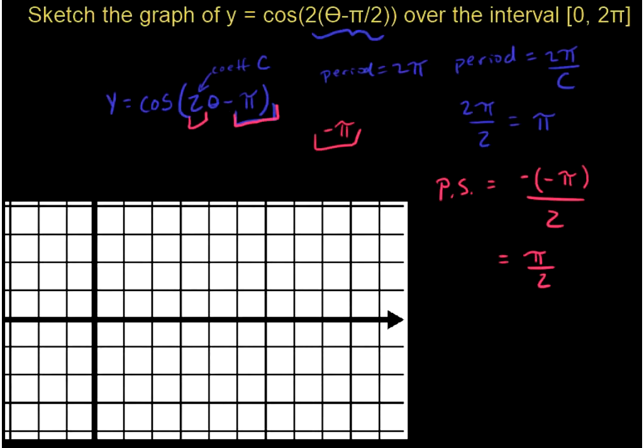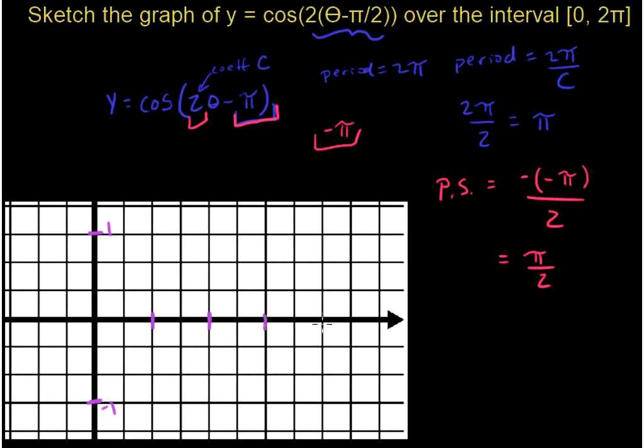So let's label this graph here. We're going from 1 to -1, and then let's set up the x-axis.